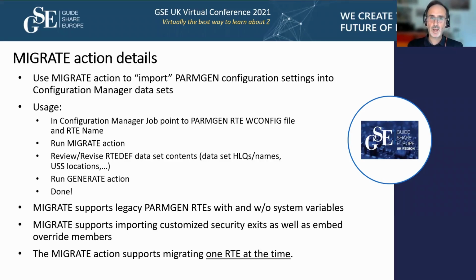You submit the job with the migrate action on, and it will produce an RTEDEV dataset with all the KPP $parm members for your specific products, containing all these parameters that you have specified and changed from the defaults as provided with the product that you have installed at this point in time.